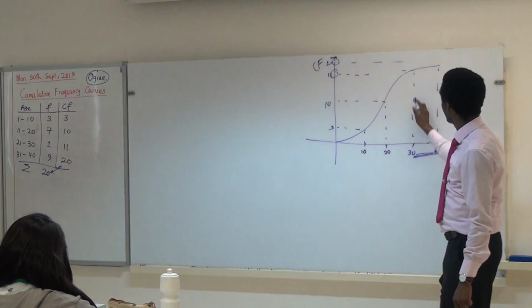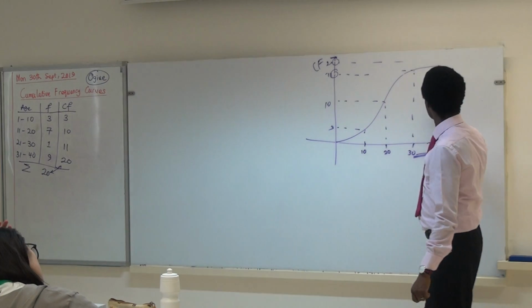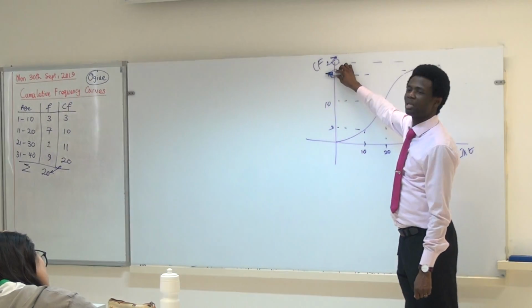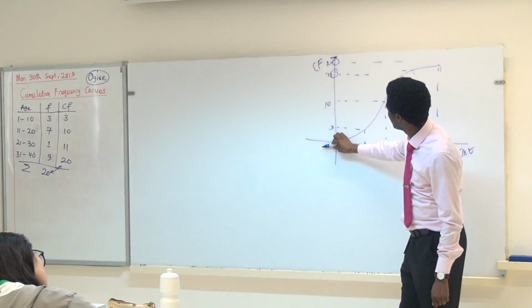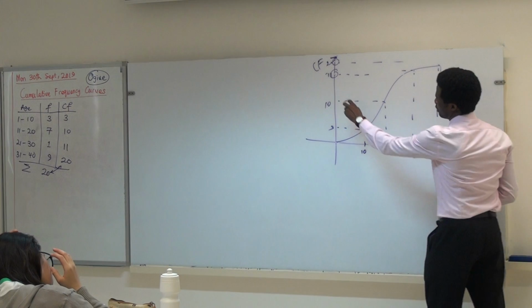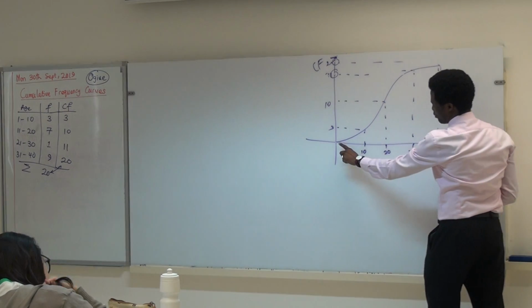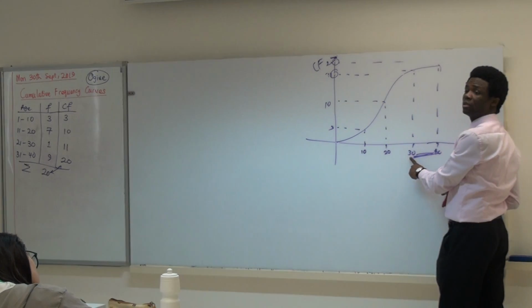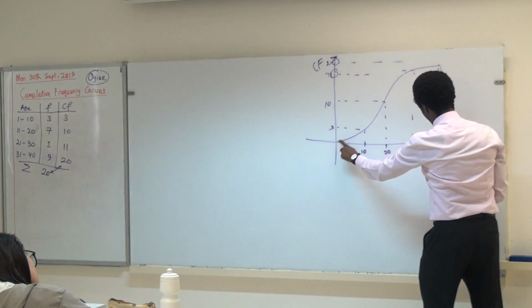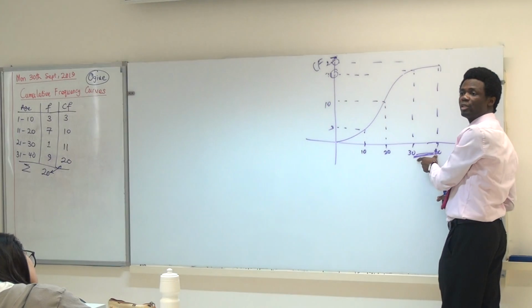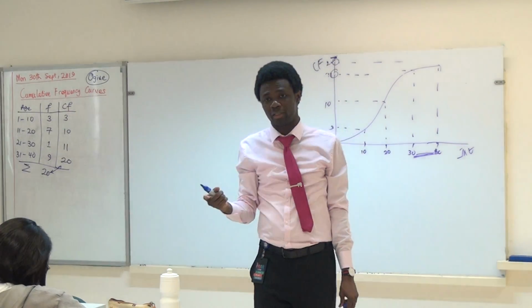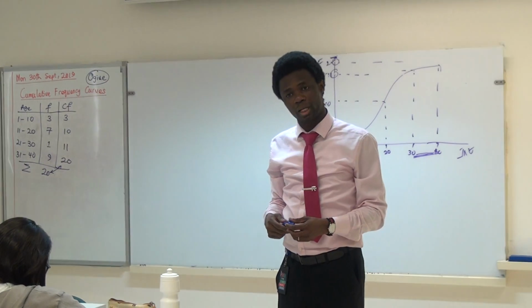What is this point? 11. What is this point? 20. For this 11, it represents from age 1 to age 30. This 20 represents from age 1 to age 40. So how many people are between the two range? You have to subtract. That's some of the questions being asked indirectly. We'll take one of them and we'll solve it together now.